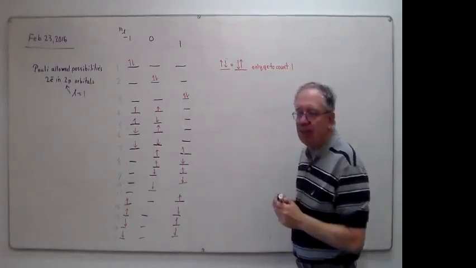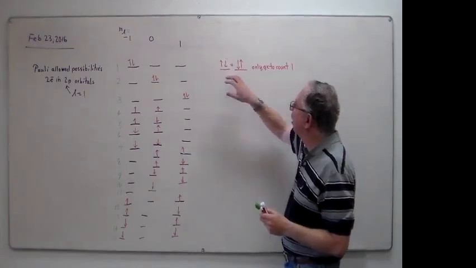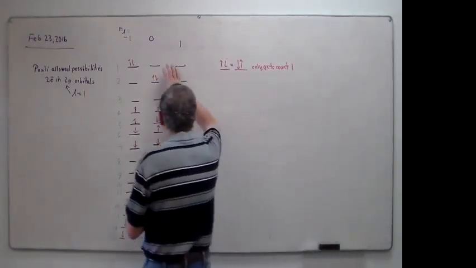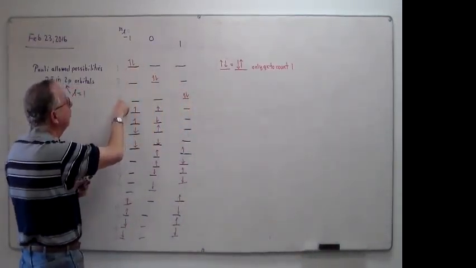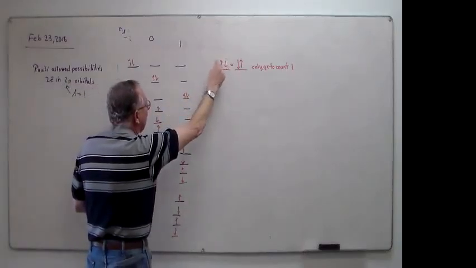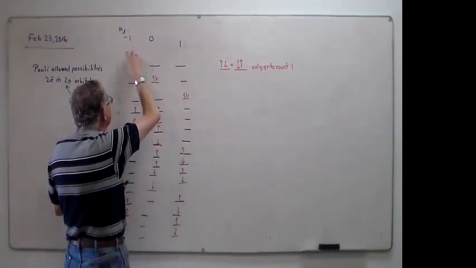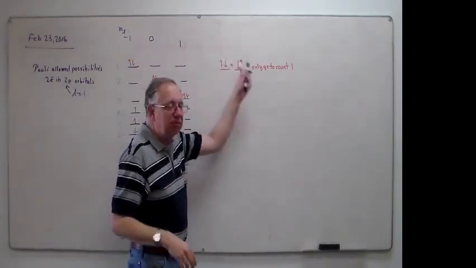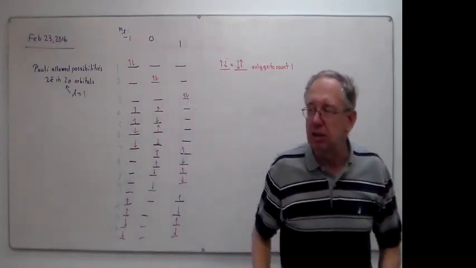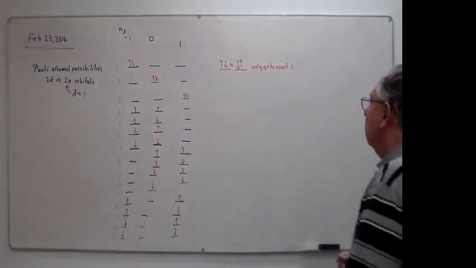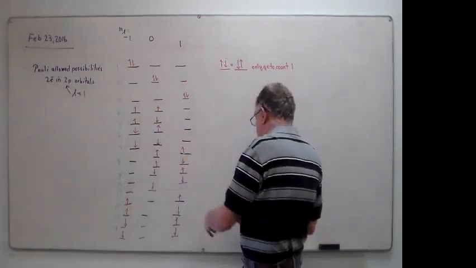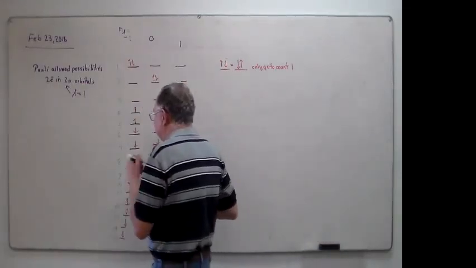Does that make sense? So with an actual paired set in an individual orbital, like these top three, 1, 2, and 3, it doesn't matter. That's considered just one choice, not two choices, okay? So we have 15 microstates.